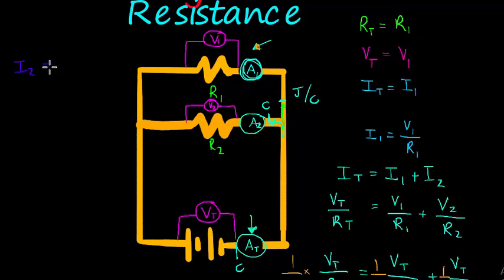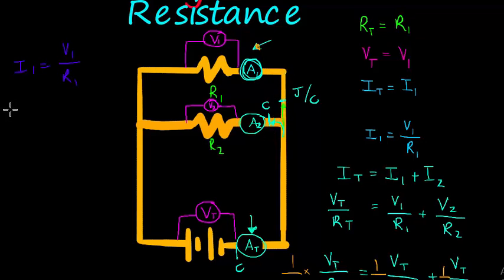I1 would be the voltage in I1 divided by the resistance of R1, or at least the total resistance in this branch. If there was another one, I would have to add all the resistors in that branch to know what is the current in that branch.